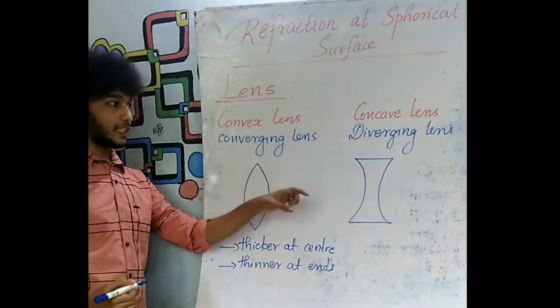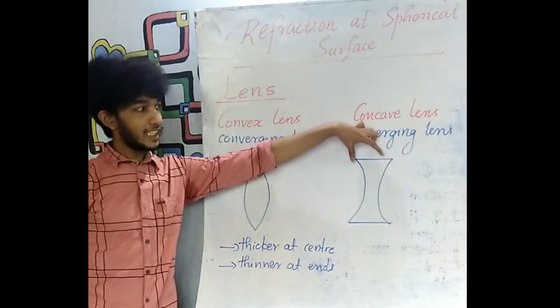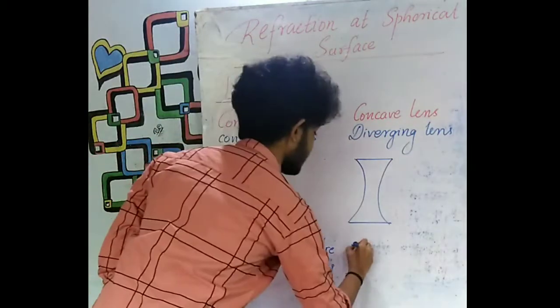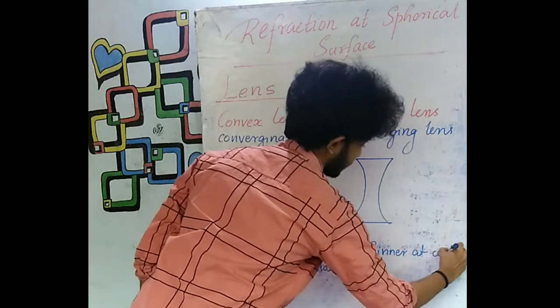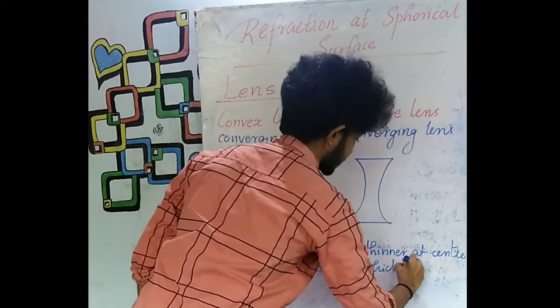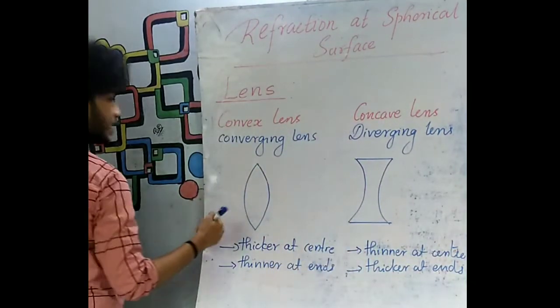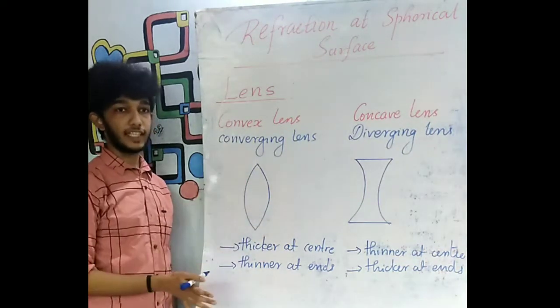But a concave lens, what can you observe? It is thinner at the center, and as we move towards the ends, it becomes thicker. Hence it is thinner at center and thicker at the ends or edges. These are the peculiarities or the differences between a convex and a concave lens.